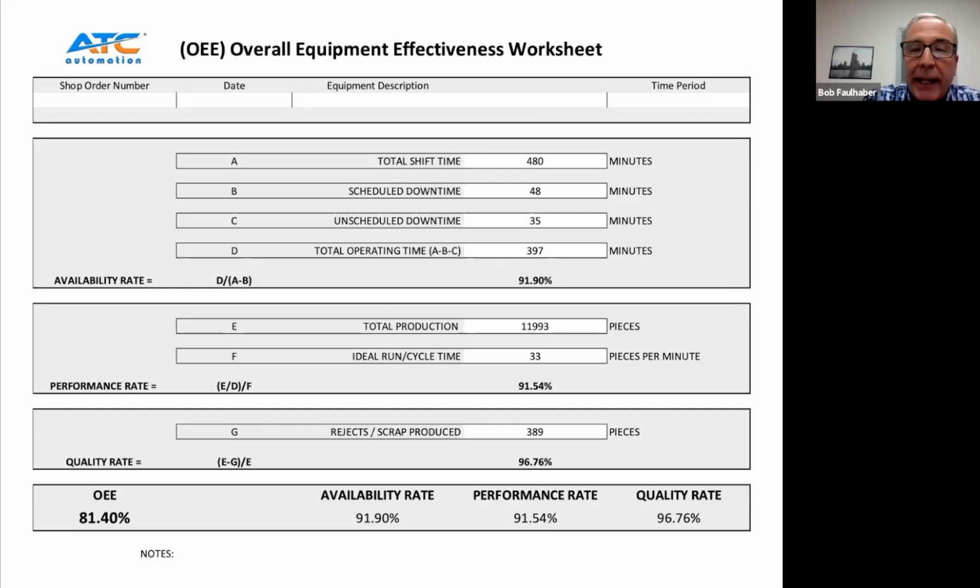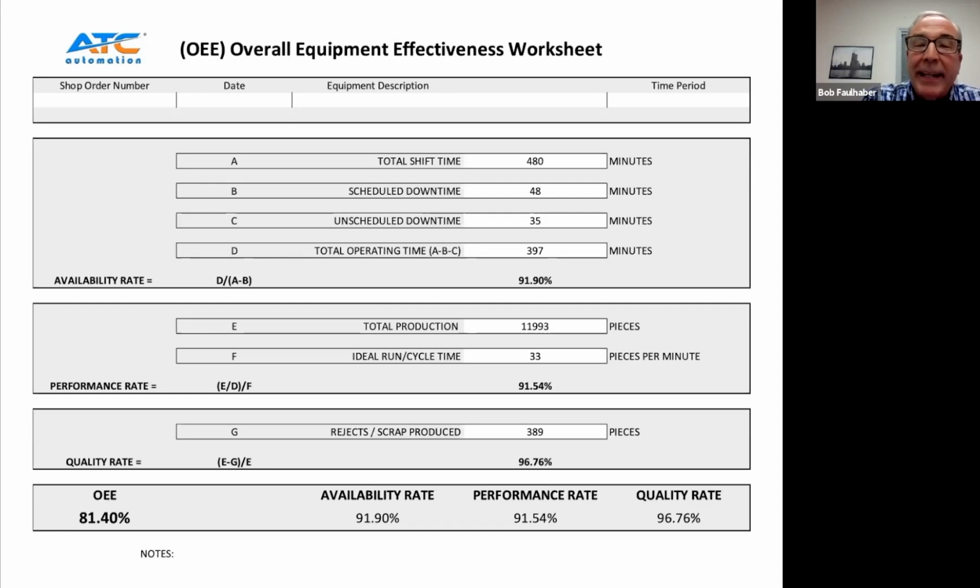So now to perform the calculation, we take the 11,993 pieces and divide it by the runtime, so that will give us the actual cycle time of the machine, which is around 30, I think. I should have put that down there to make it a little bit easier, but it's in the vicinity of 30 pieces.